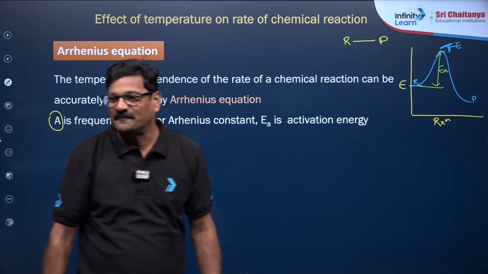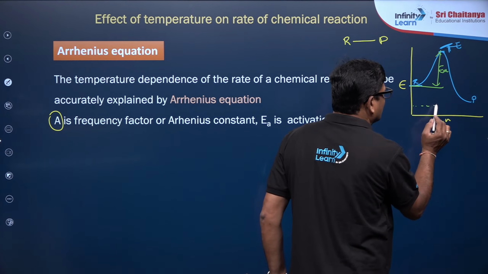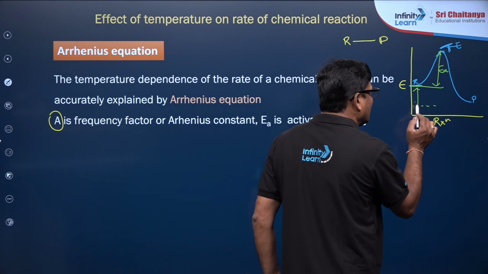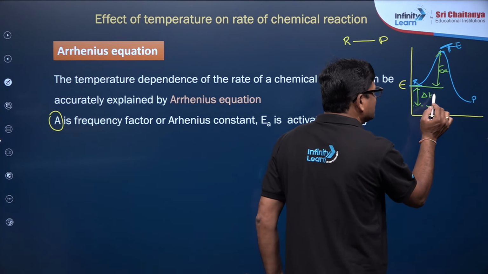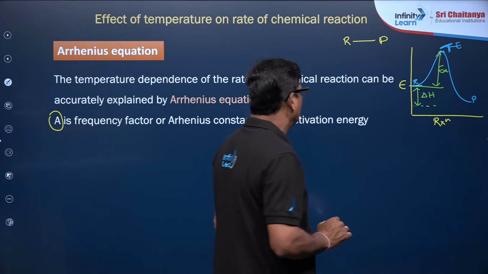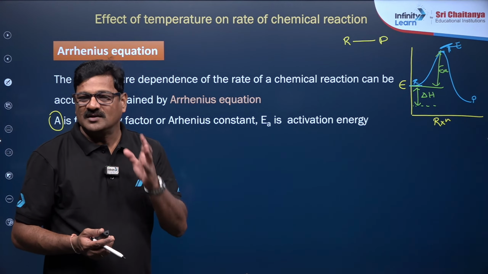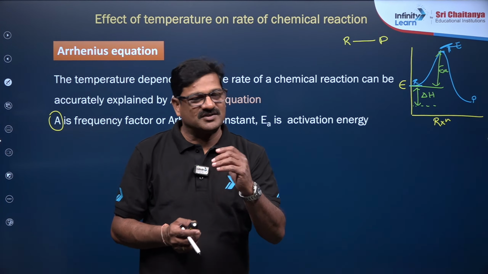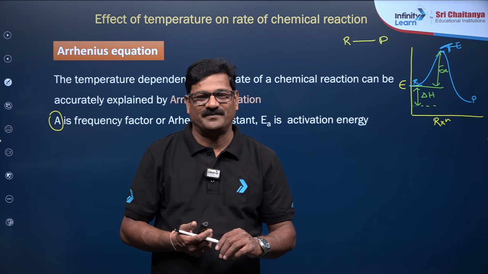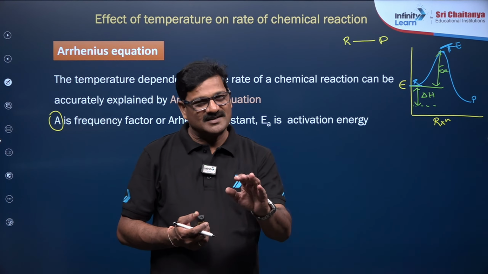Are you understanding? Between the energy of the reactant and the energy of the product comes the heat of the reaction, the enthalpy of reaction. Ea is called activation energy. Every reaction has its own activation energy. Let us say the activation energy of one reaction is this much and of another reaction is this much.